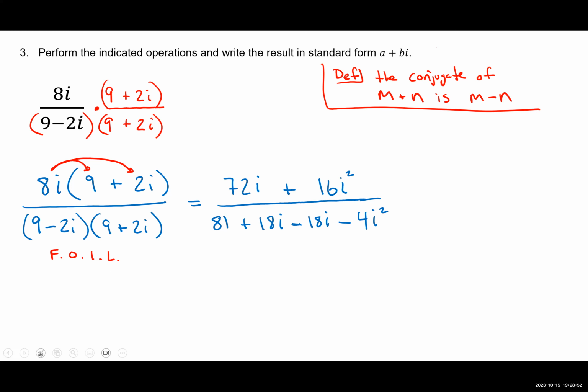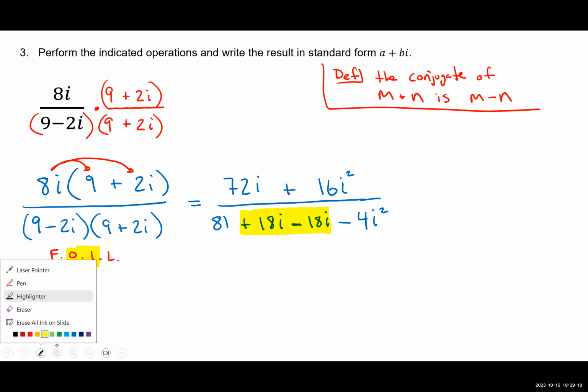Now, the whole point of using the conjugate, I don't want to just say, remember to use the conjugate. Well, why? Every time we use the conjugate, the outer times outer and the inner times inner will always do this: one positive, one negative, same number.